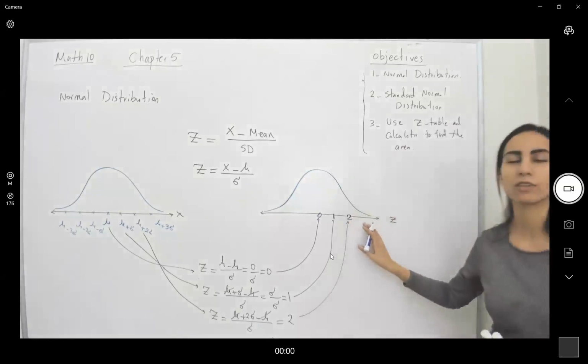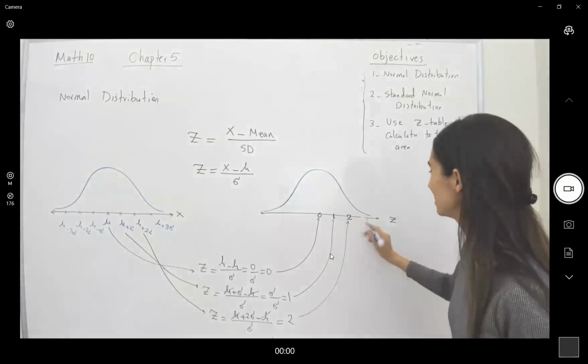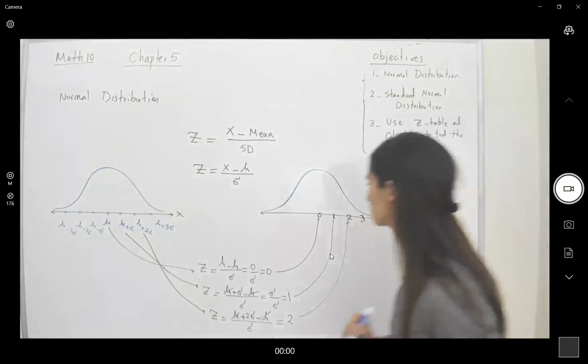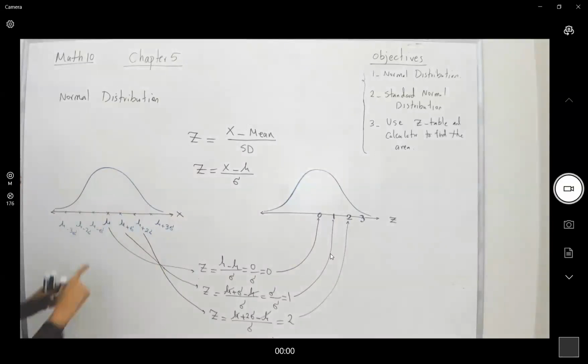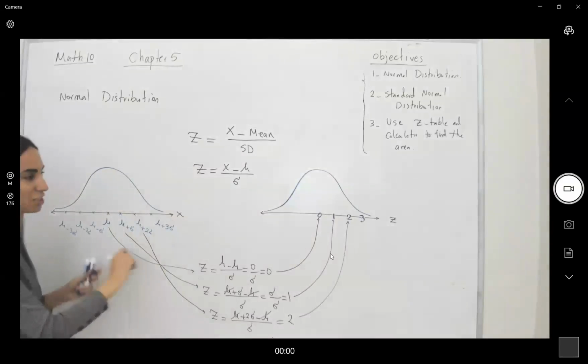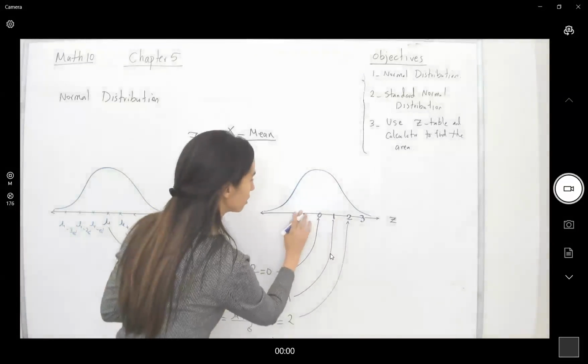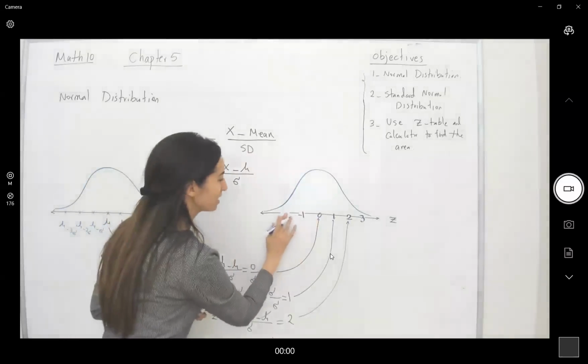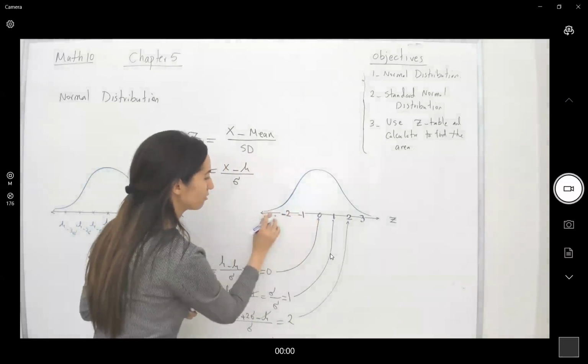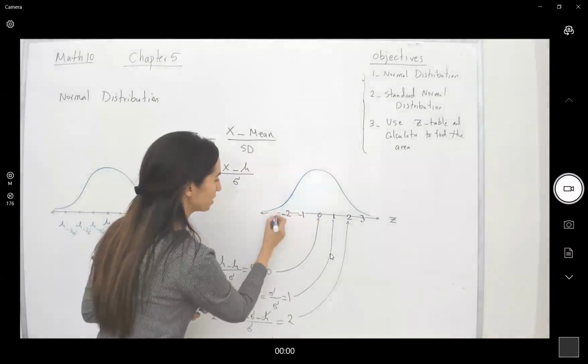Also, what's your guess for the next value? It's going to be 3. There you go. What about the left-hand side of 0? On the left-hand side of 0, if you plug in mu minus standard deviation, you get negative 1. Then negative 2, and finally negative 3.